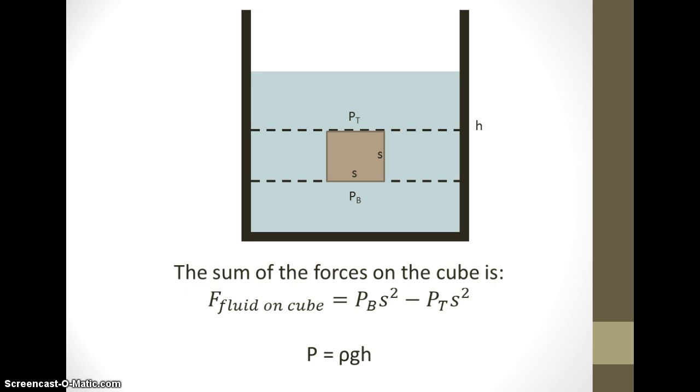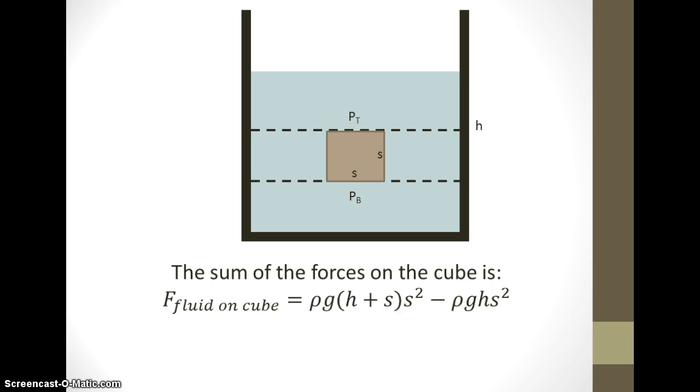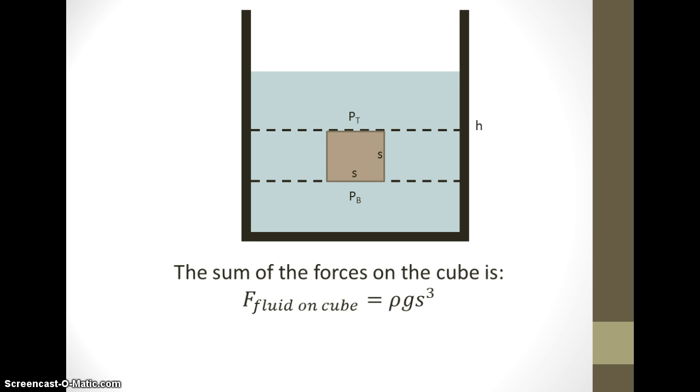We remember that pressure is rho g h, so we can substitute that in, and we have to remember that the top surface is at depth h and the bottom surface is at depth h plus s. So that's where that comes from. If we expand that out, we see that we have two terms that cancel, the first term and the last term. And we just end up with the sum of the forces that the fluid exerts on the cube given by rho g s cubed.